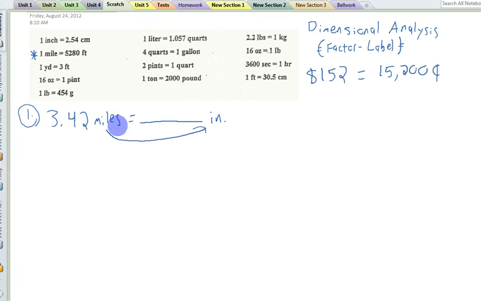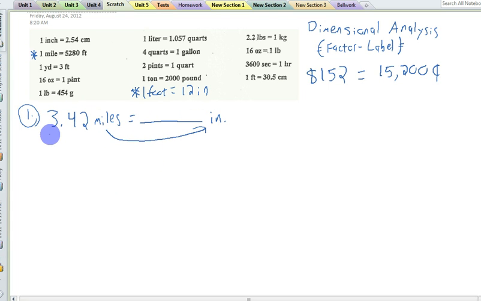Well, I've broken the mile down a little bit, and I found out feet. Well, what do I know about feet and inches? I know also that 1 foot is equal to 12 inches. So now I've got two facts that include the units and bridge me all the way from miles to inches.